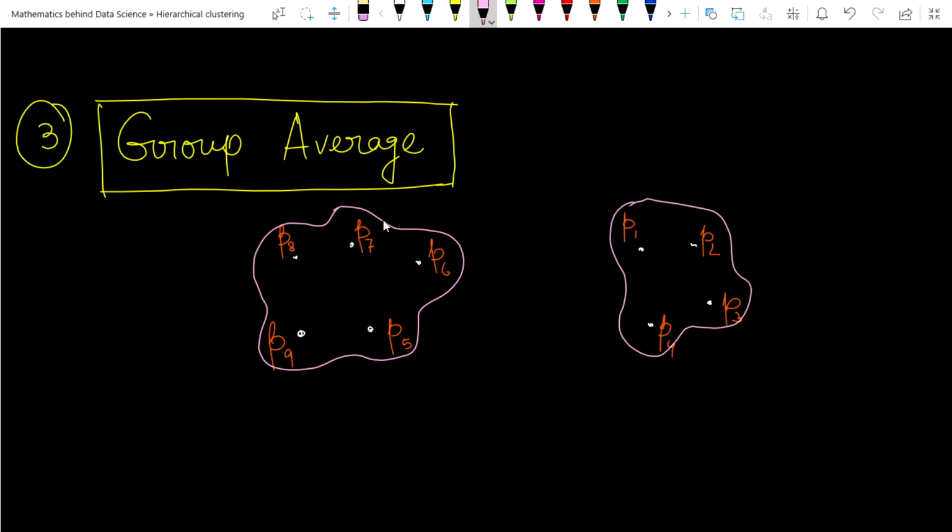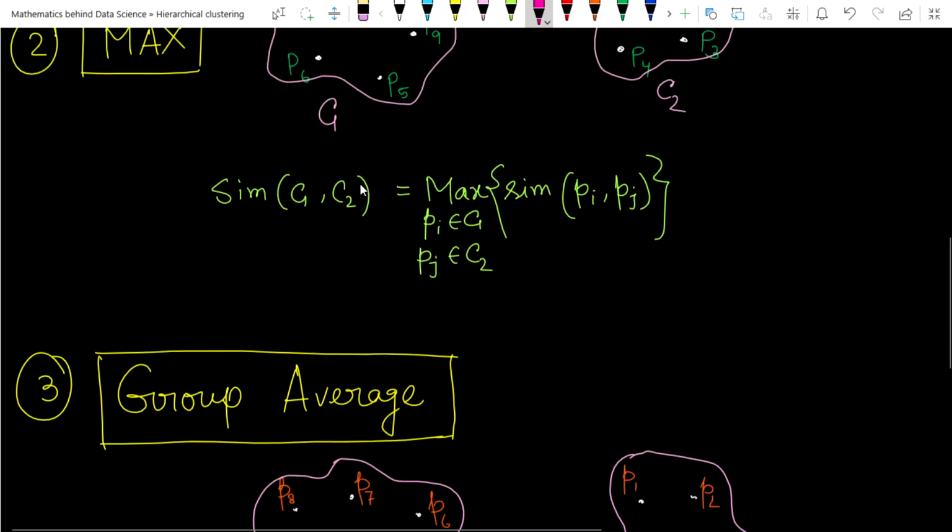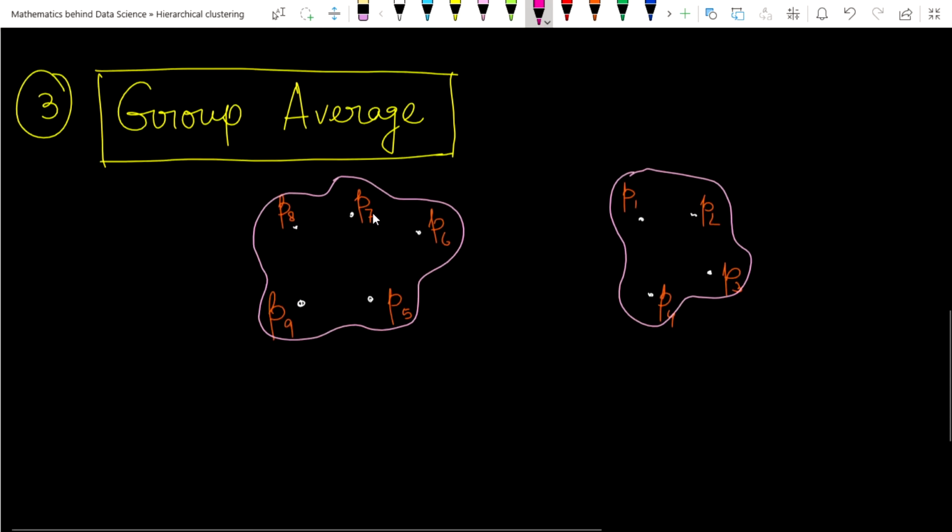Now the question is, how do we compute the proximity value using the group average concept? The concept is the same. First, we have to compute the distances between each pair of points, and to compute the proximity value, we take the average value. Instead of using the minimum or maximum, here we take the average.